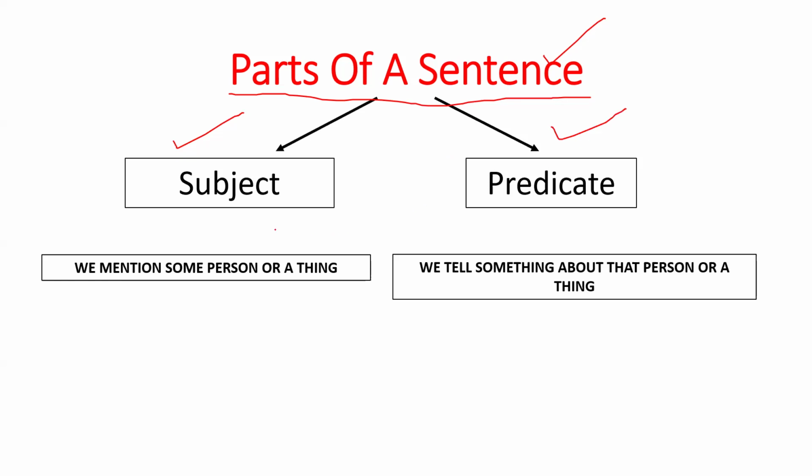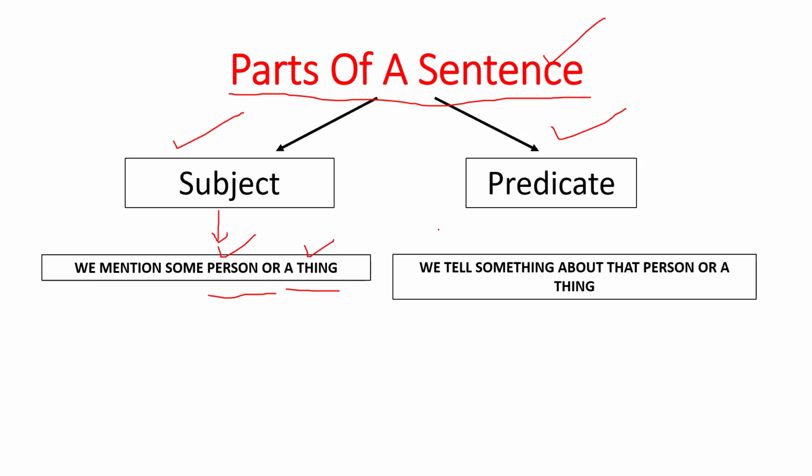Whatever you try to mention in your discussion or whatever you try to write, you mention something or some person in that speech or in that writing. So that person that is mentioned, or that thing that you have spoken about, is known as the subject. All right.